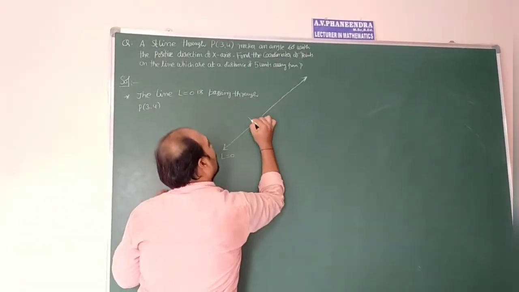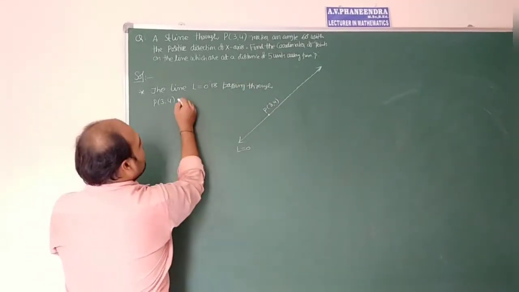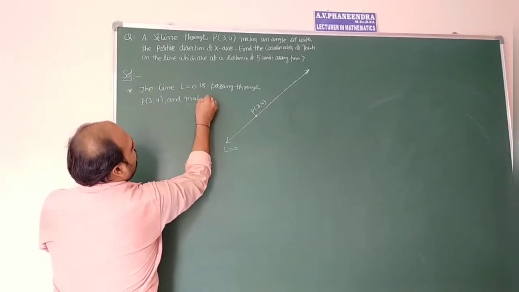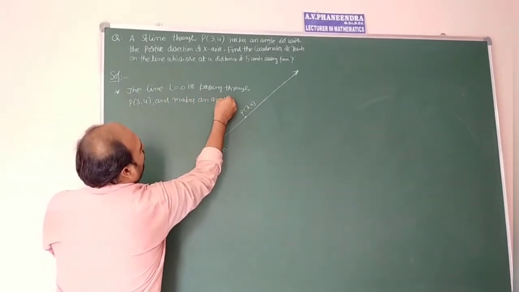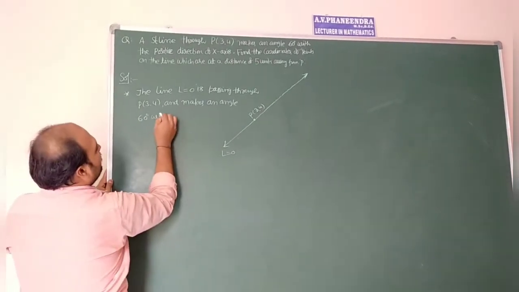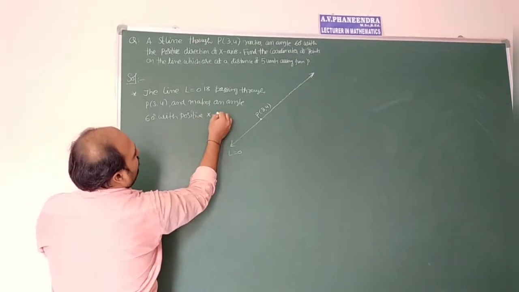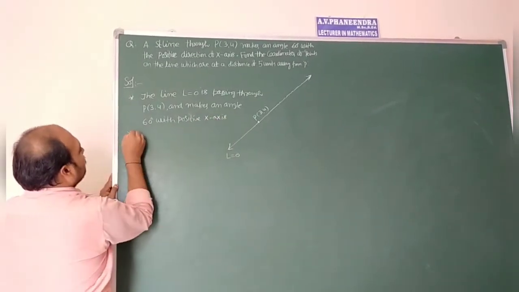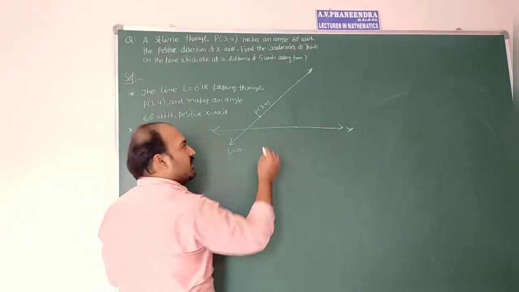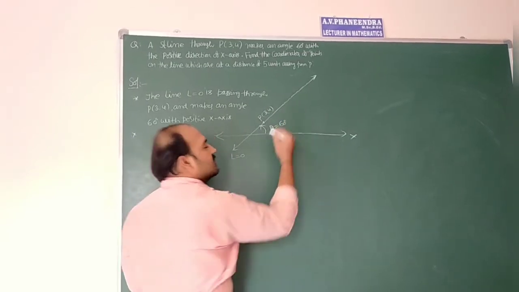Here P of 3 comma 4 makes an angle 60 degrees with positive x-axis. This is the positive x-axis. Makes an angle theta equal to 60 degrees.